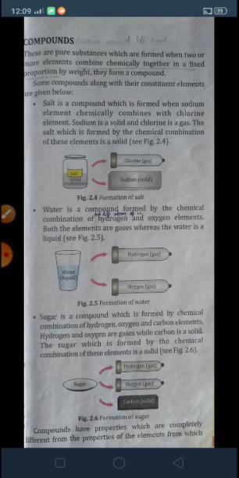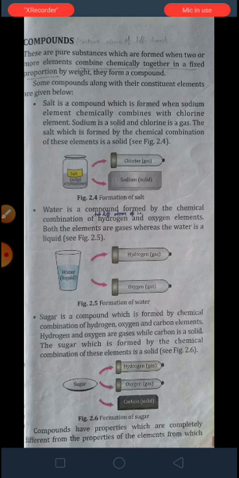Water is a compound, a pure substance formed by the chemical combination of hydrogen and oxygen elements, in a fixed proportion by weight. Hydrogen is a gas and oxygen is also a gas, but water is a liquid.